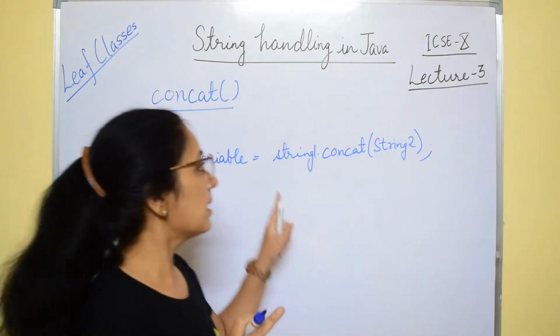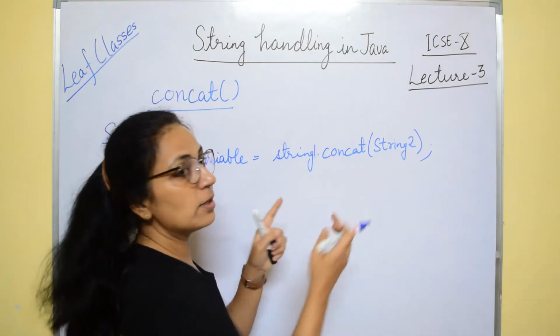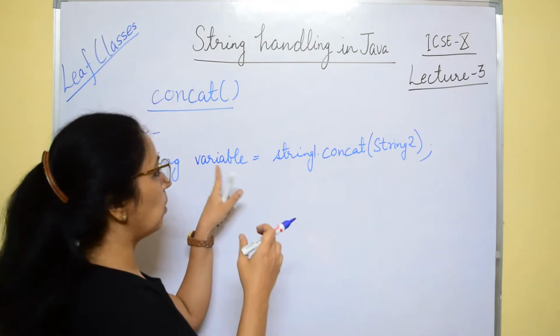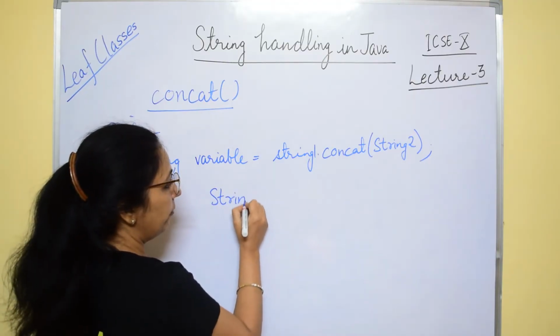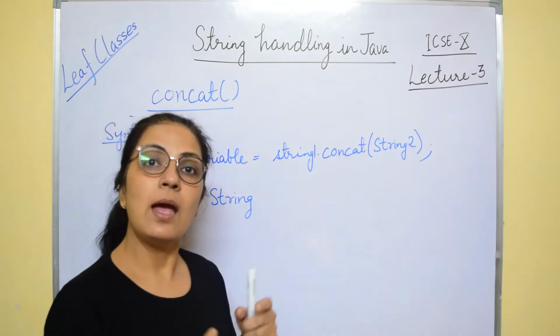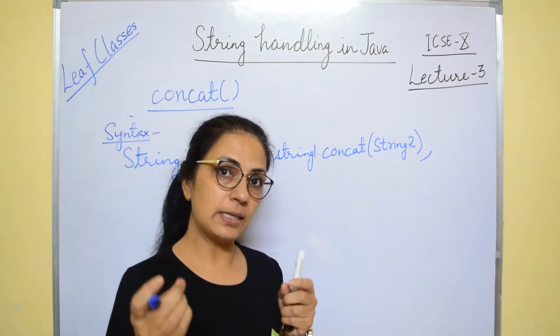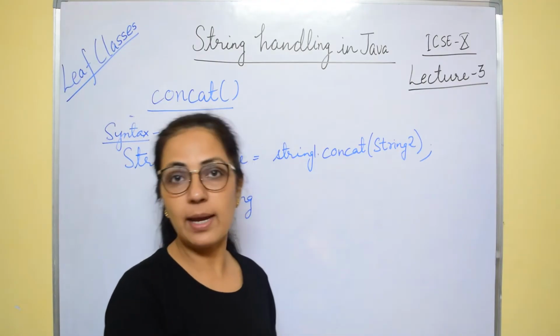So in this, these two strings are joined together and stored in the third string. So the return type will be again string. We are joining first string, second string. So joining two strings will give you again a string.